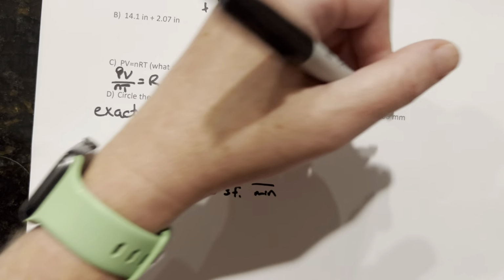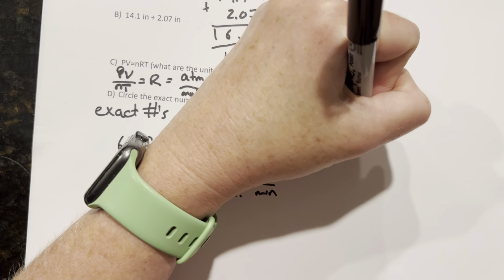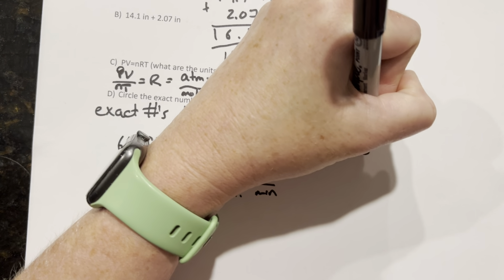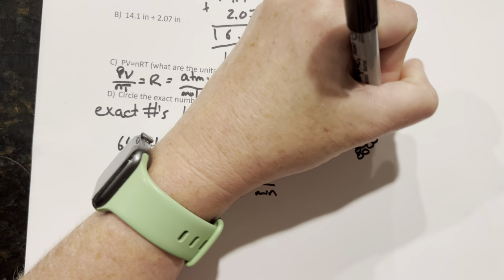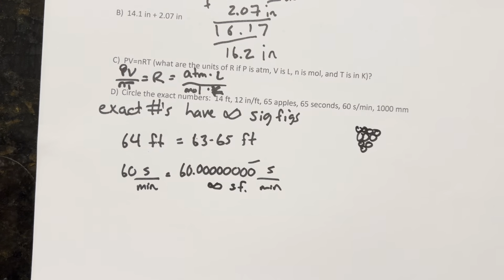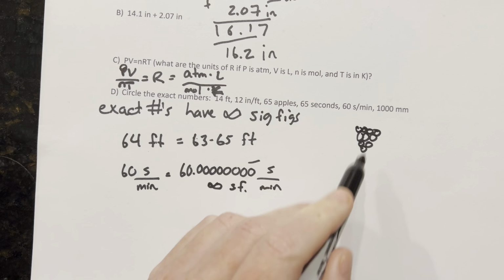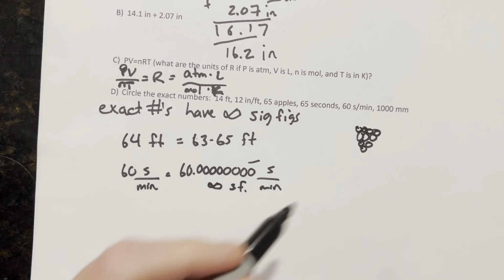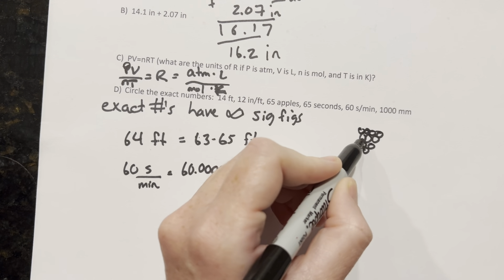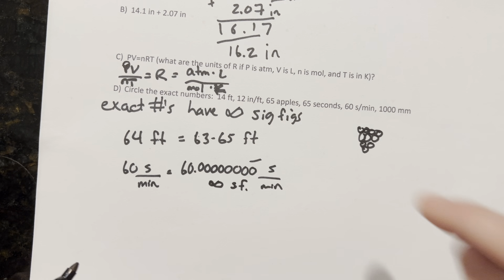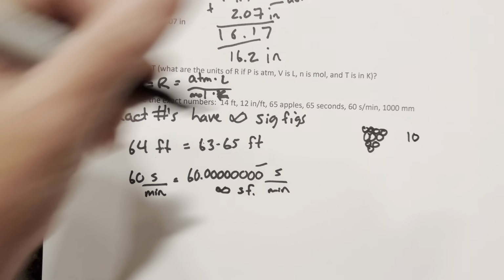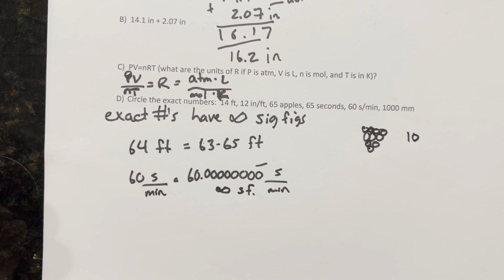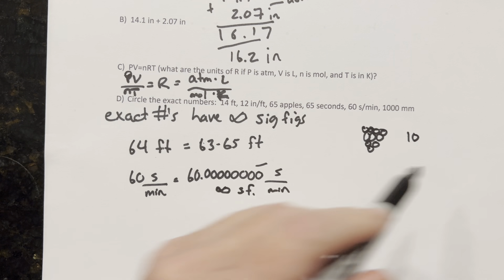If you went and ate some grapes, I don't know why I'm drawing grapes. I am not an artist. I should never draw anything. Okay, so these are your grapes. If you went and ate 1, 2, 3, 4, 5, 6, 7, 8, 9, 10, all 10 of these grapes, and you knew exactly how many you ate, you didn't eat somewhere between 9 and 11.